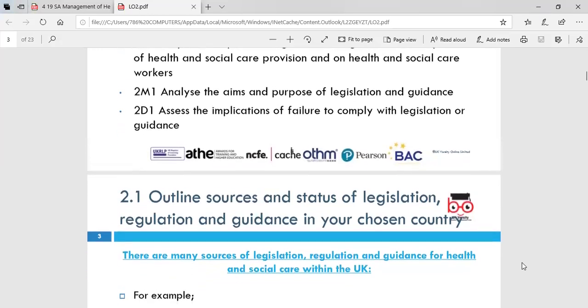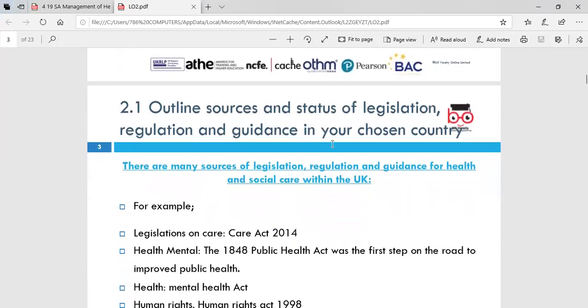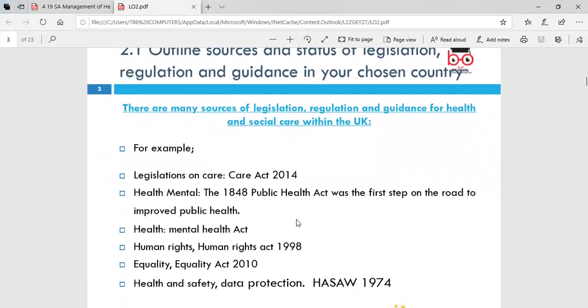So if we outline the sources and status of legislation, regulation, and guidance in your chosen country, there are many sources of legislation, regulation, and guidance. And this is particularly for health and social care within the United Kingdom. So for instance, you have legislation on care, which is the Care Act 2014.